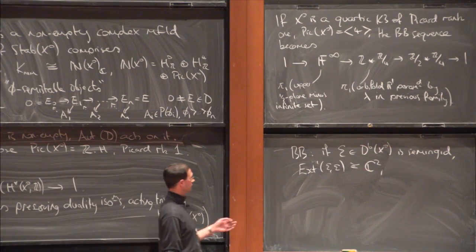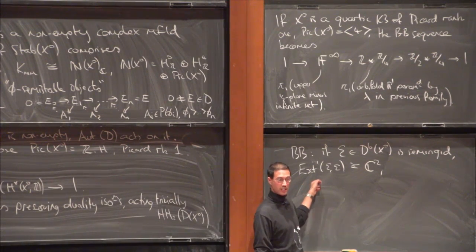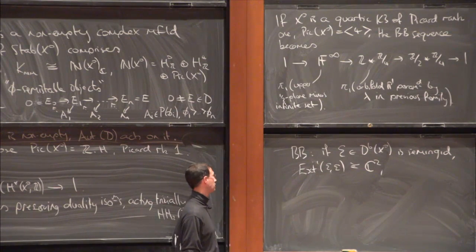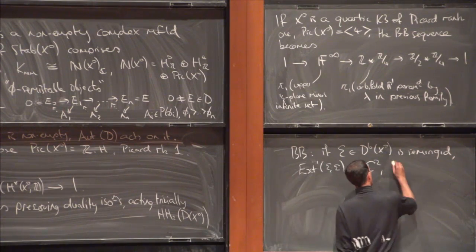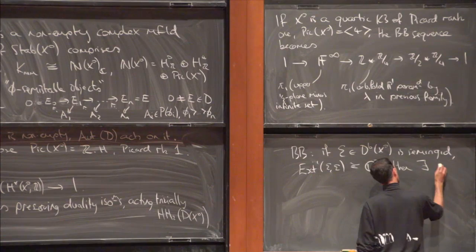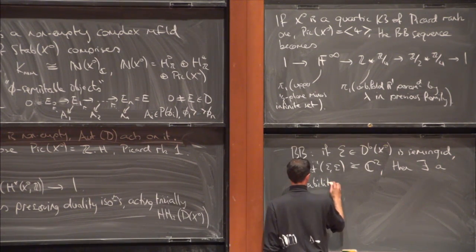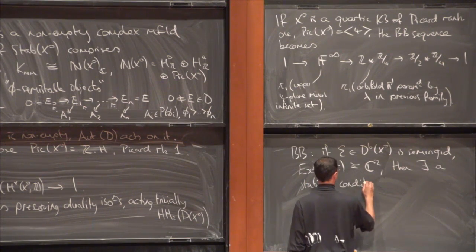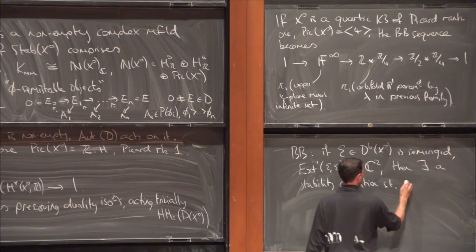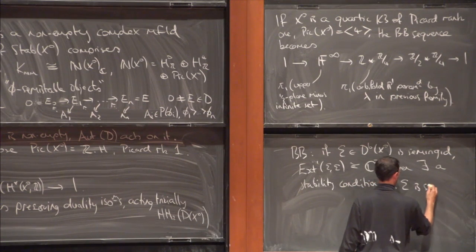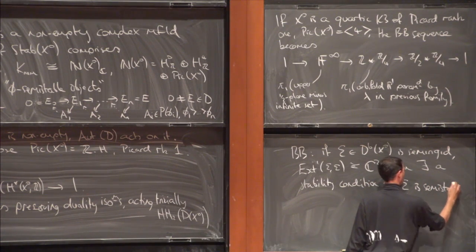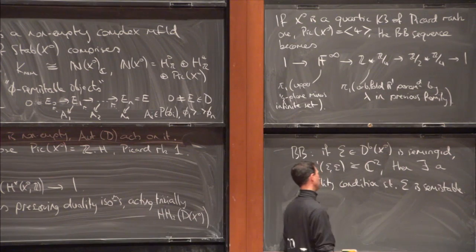For duality reasons, this is always even rank, so this is the next case along from the object being rigid. Then there exists a stability condition such that E is semi-stable.